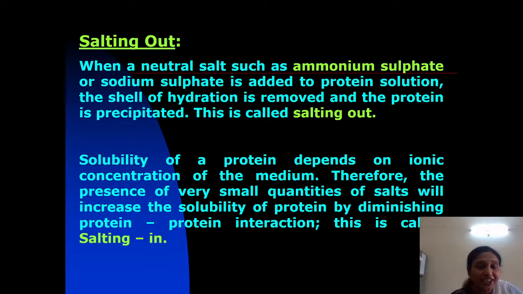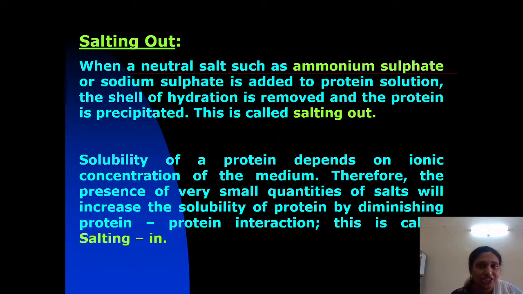In the full saturation test, you take 5 ml of the protein solution and saturate it by adding a sufficient amount of ammonium sulfate. Then filter the solution. If the filtrate has protein, it means the protein is not precipitated even by full saturation.